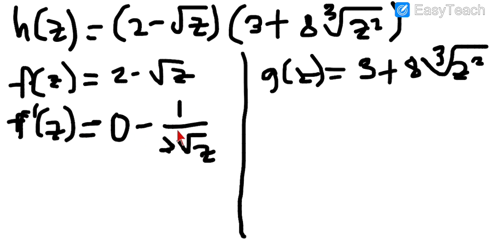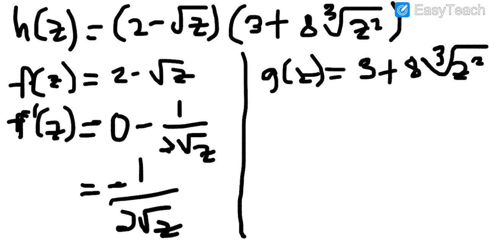This is by power rule. Now, the final answer here for the derivative of f of z would be negative 1 over 2 square root of z.